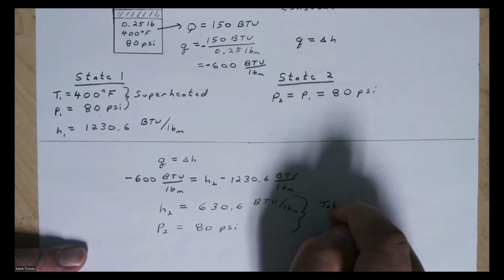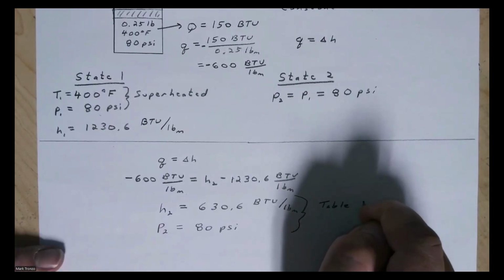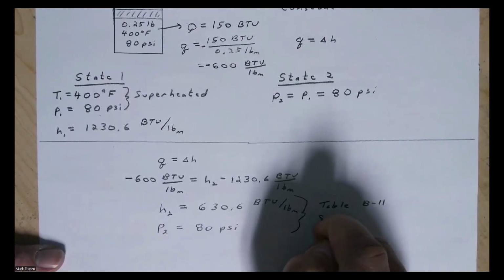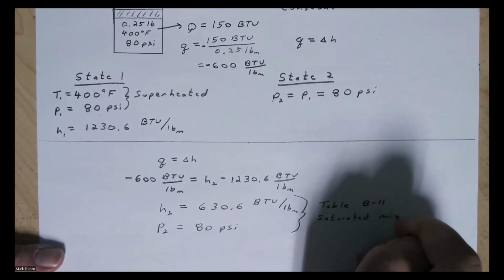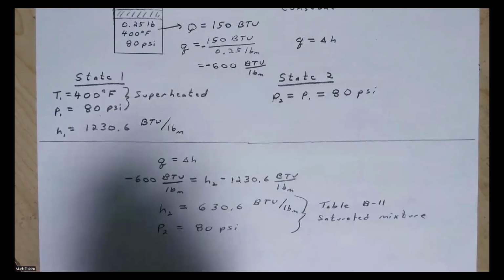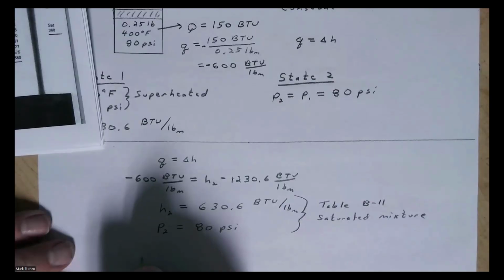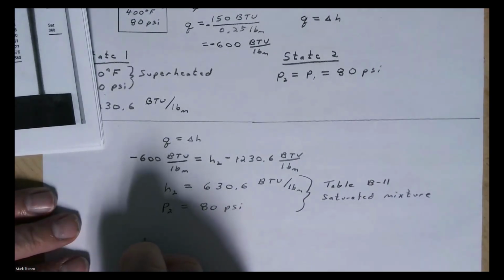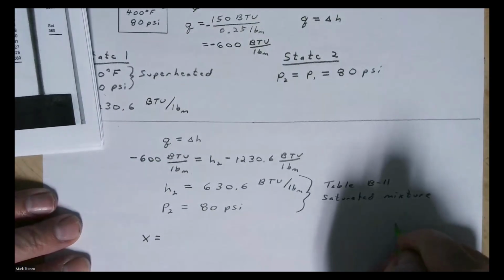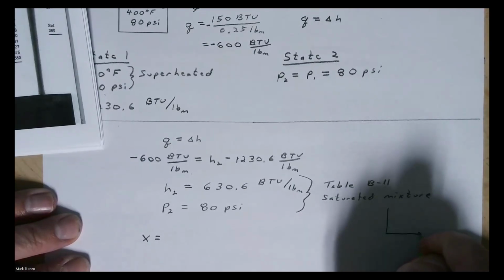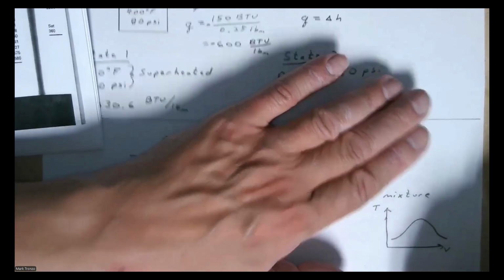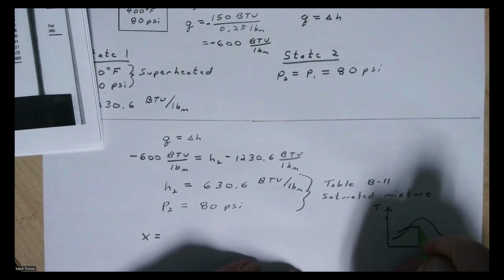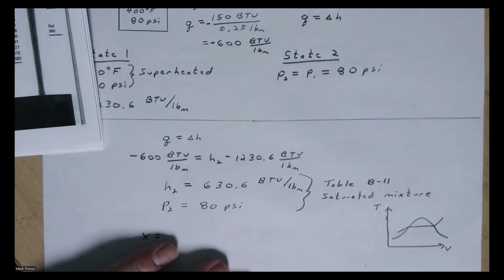From table B11, we found it's a saturated mixture. And then go ahead and calculate X. And actually, if you want to get an idea where you're at, remember we have constant pressure, so we're going to go along these constant pressure lines.